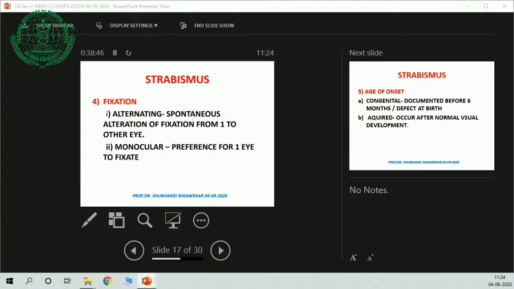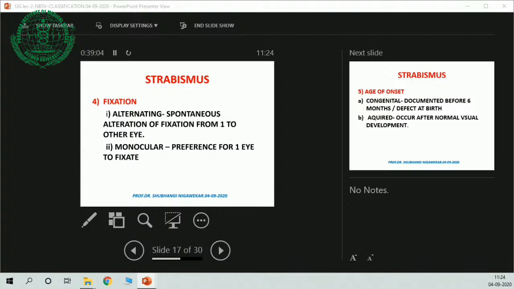Because in paralytic squint, how does the paralysis occur? One day the patient is normal, the next day some vascular episode occurs, and the person will have a paralytic episode. At that time the vision is already good, 6/6 in both eyes.